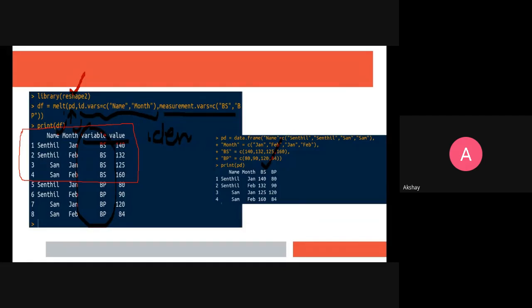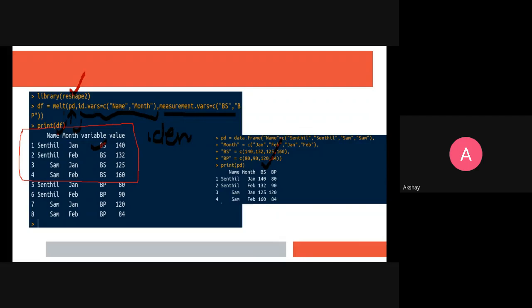So then compare the first data frame values. In the first column, you are having Senthil, Jan, 140. Blood sugar, we are considering blood sugar. So blood sugar value is 140.